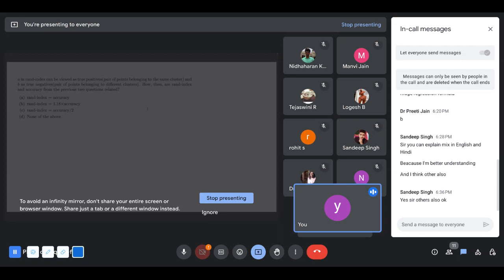So basically, these two are different concepts. By its very definition, what the RAND index is doing is evaluating the agreements for a pair of points, not for an individual point. For accuracy, for every point you call whether it is true predicted or false predicted. So intrinsically, they are very different concepts, and nowhere related.